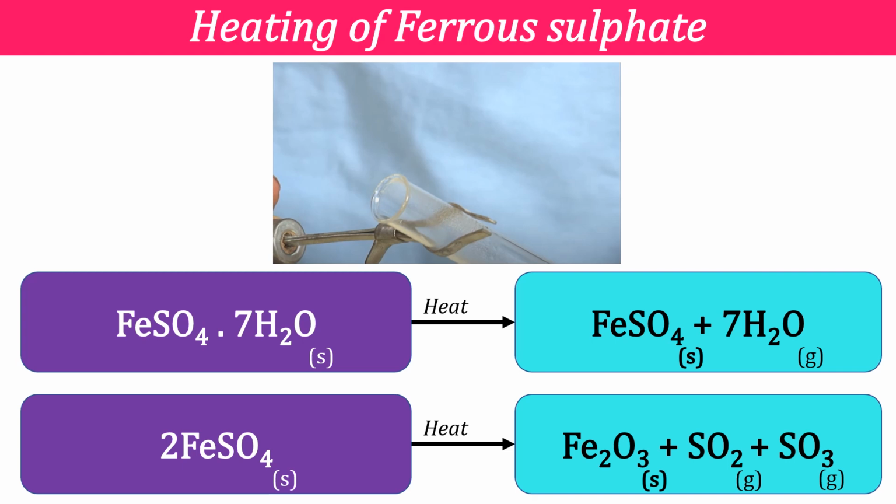So, ferrous sulfate, which is a single reactant, decomposes using heat energy to give ferric oxide, sulfur dioxide and sulfur trioxide. Hence, it is a thermal decomposition reaction. It is also an endothermic reaction as the reaction absorbs heat energy to decompose and form the products.